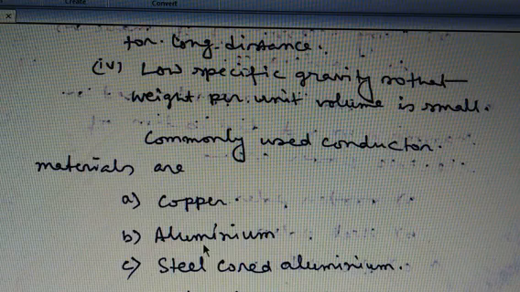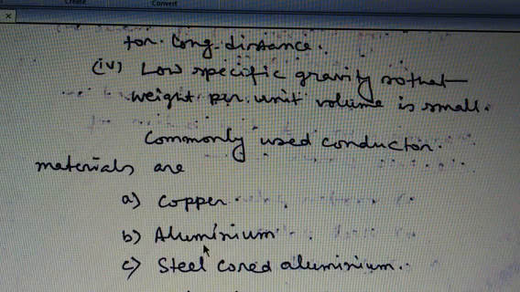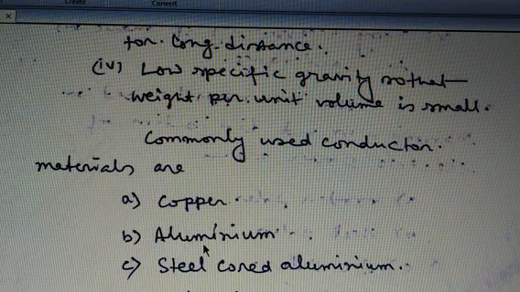The increased cross-section of aluminium exposes a greater surface to wind pressure, and therefore the supporting tower must be designed for greater tensile strength. This often requires the use of higher towers with consequent greater sag.